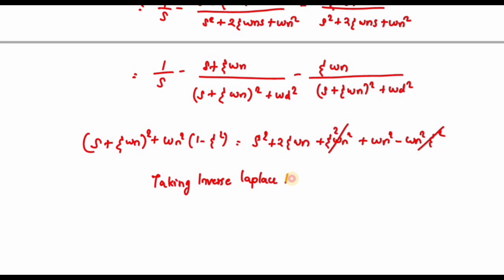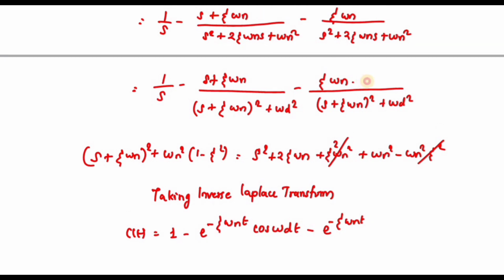If I take the inverse Laplace transform, my c of t is equal to 1 minus e power minus damping factor into omega n t, because you have the s plus term, with damping factor into omega n, and cos omega d t minus, here I multiply with omega d on both sides.